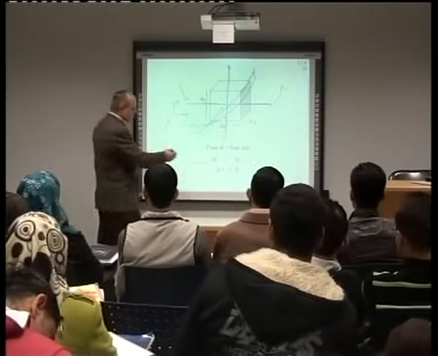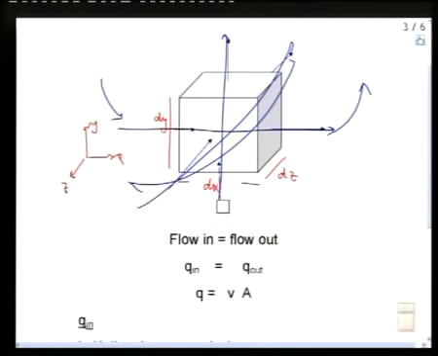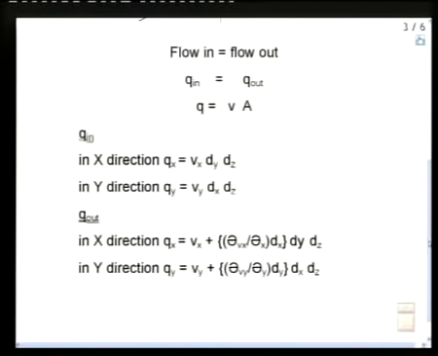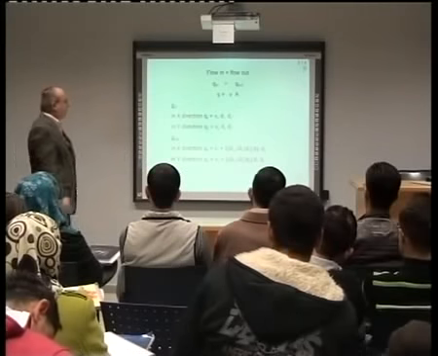Flow, we call it Q. So instead of saying flow in equals flow out, I can also say Q in equals Q out. Flow rate inside equals flow rate outside. Flow amount inside equals flow amount outside.